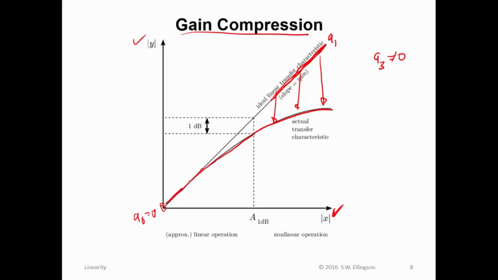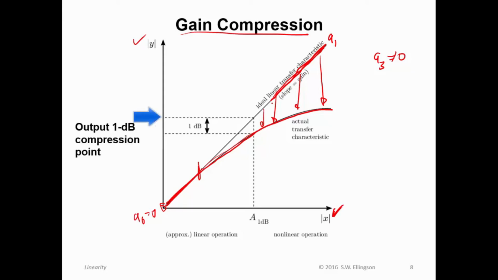Down here the difference is very, very small, and we would say we're not in compression. But as the level grows and grows, eventually we see a significant amount of compression and a significant deviation from the ideal transfer characteristic.